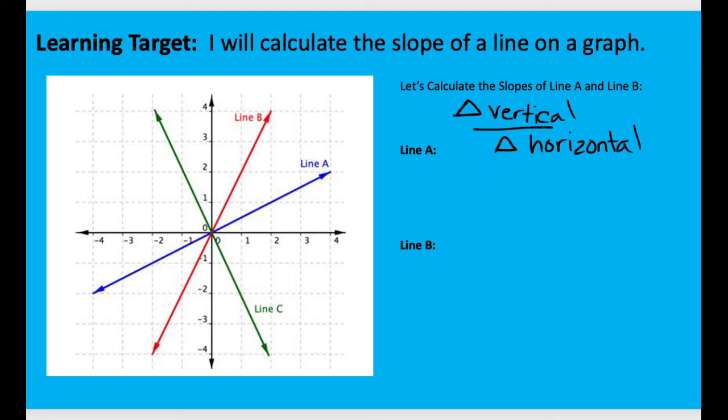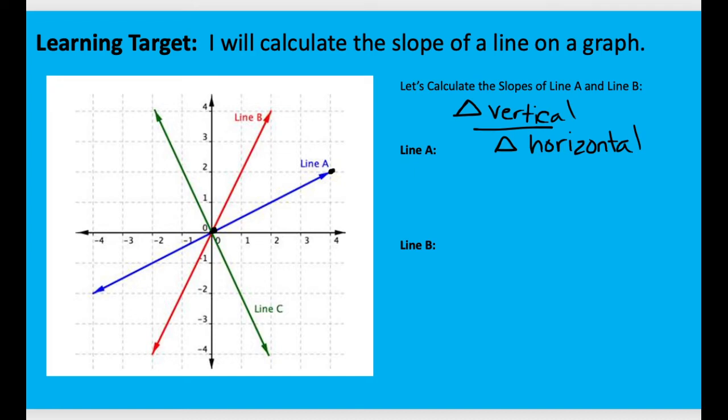So when I look at the graph of line A, the numerator of the slope is going to be the vertical change. I'm going to pick 2 points that are on the line, specifically 2 points that are on the corners of the grid. I'm going to pick this point here because it's nicely on a corner, and then I'm going to pick the origin as my other point.